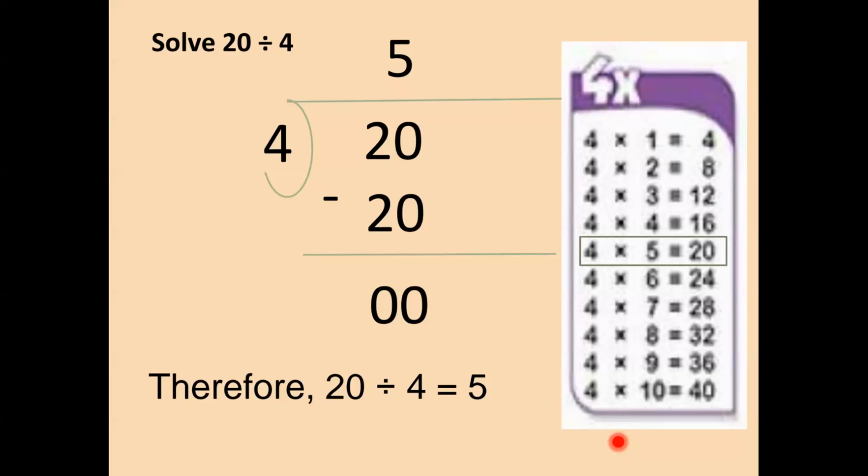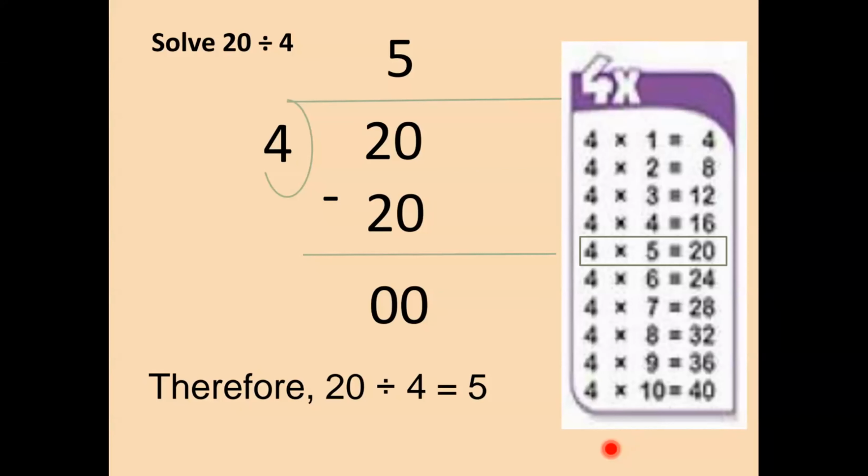Okay, Swara wants to explain the sum. Swara, unmute yourself. Yes, explain. Yes, ma'am. Sum is 20 divided by 4. So, first of all, draw a lattice box. Lattice method in division? No, dear.